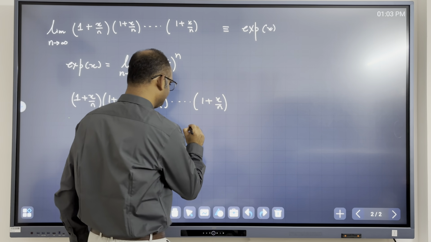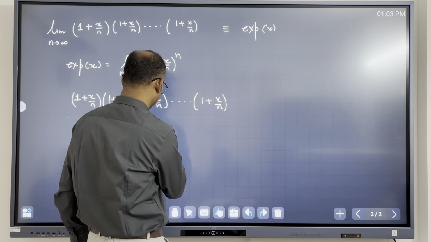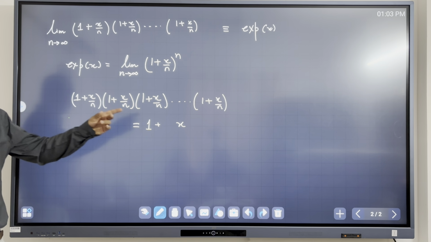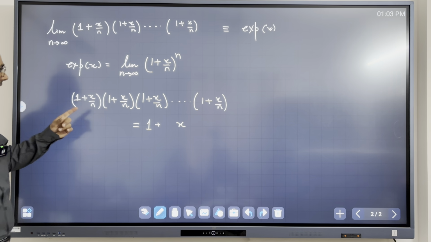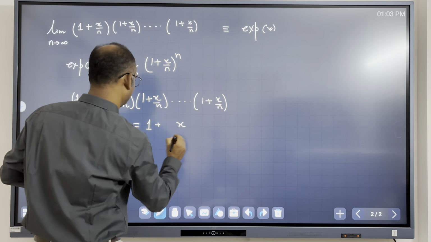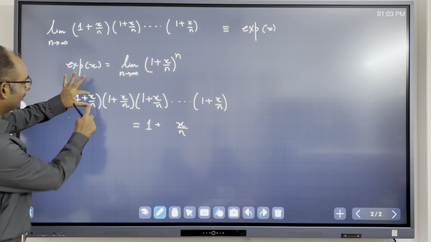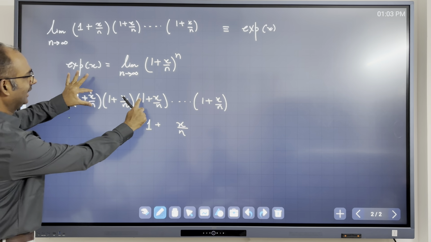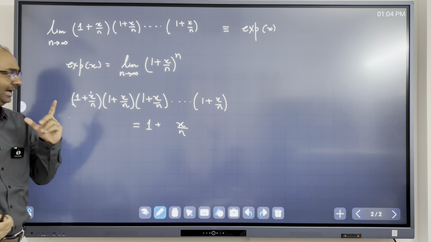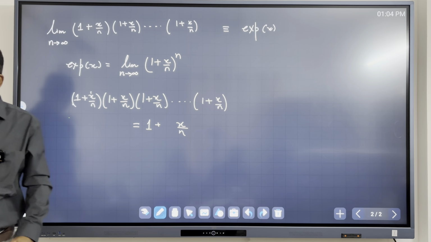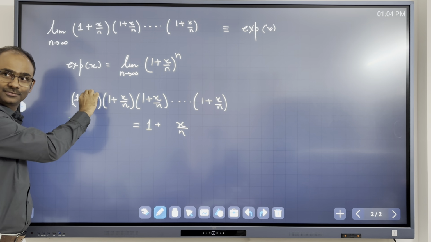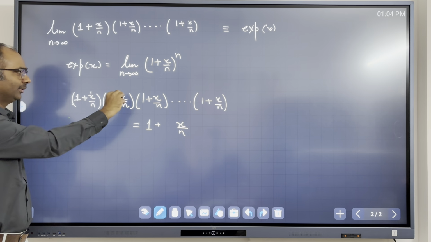Degree 1 term. Degree 1 term is proportional to x. What's the coefficient? You have x over n from here, multiplied with 1. That is what gives you x over n. In how many ways can that appear? n ways. There are n ways of choosing that factor, either from here or from there.